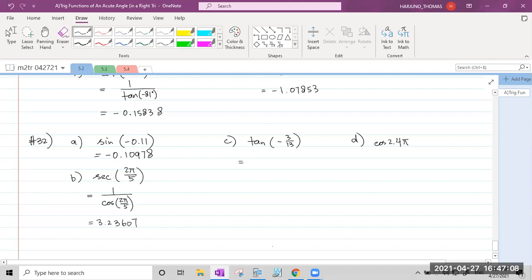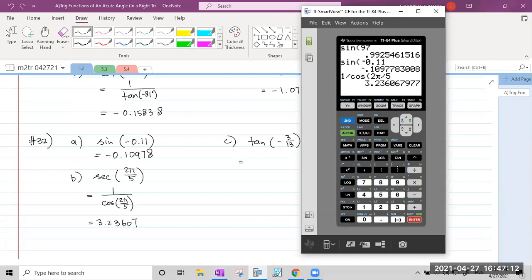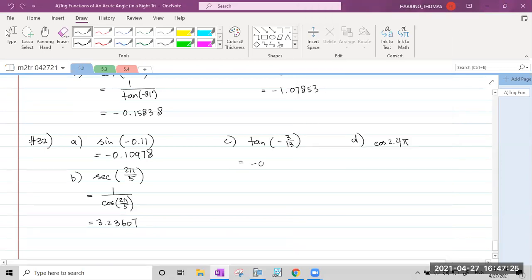Tangent negative 3 over 13. Oh, we have that tangent button, so I will just punch it right away. Tangent negative 3 over 13. Enter. Negative 0.23495.